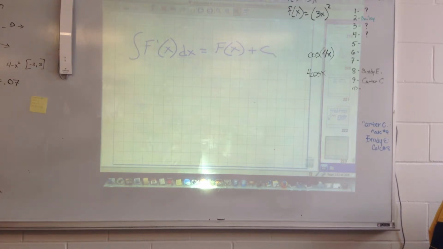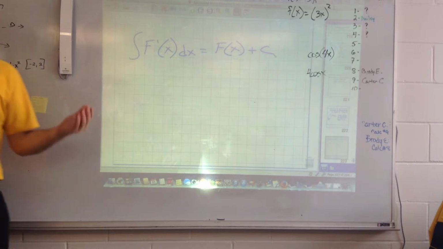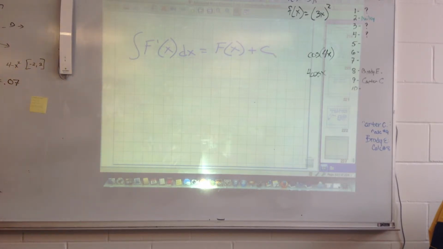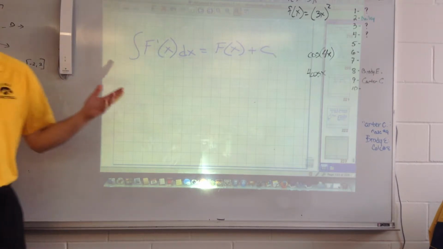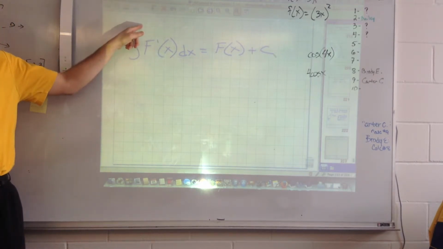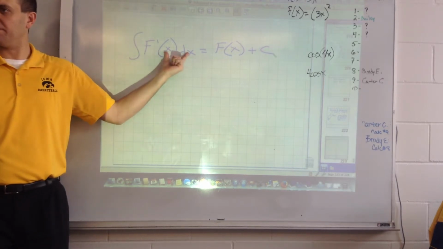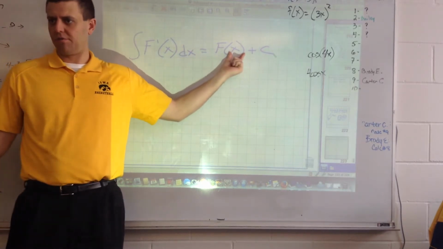Kind of put them together. This is basically saying that integration and differentiation are inverses of each other. They undo one another, sort of like multiplying versus dividing. Correct, yeah. The integral, or the antiderivative, of the derivative would equal just the function itself.